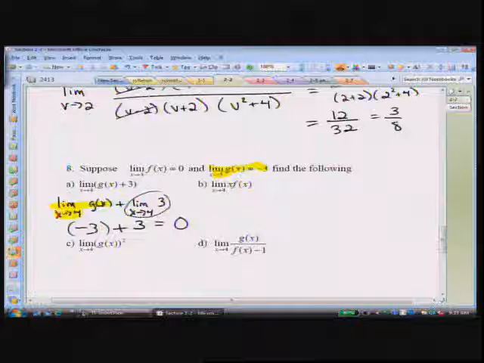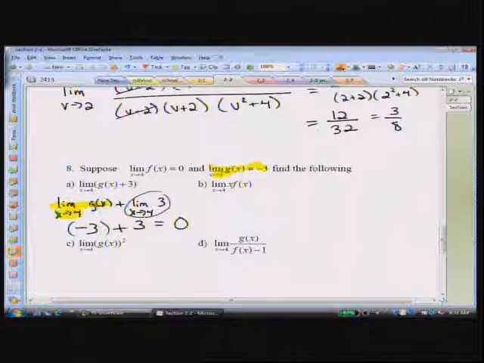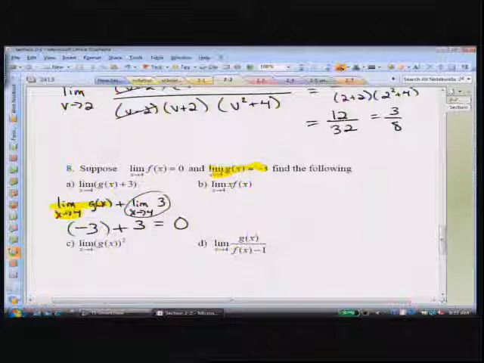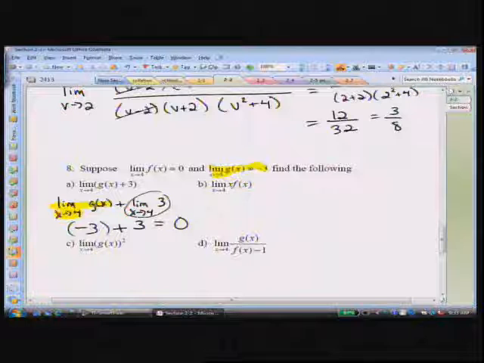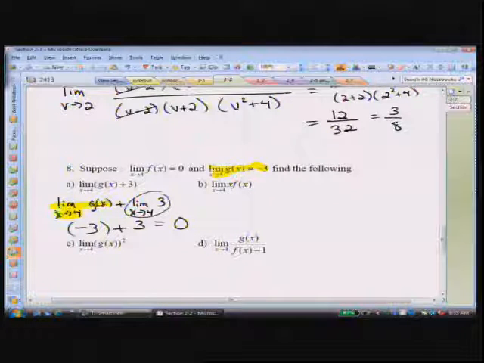If you just graph y equals 3, it's just a constant function. But g of x, you don't know what g of x is. So if this were x approaches 7, we wouldn't have an answer to that problem because we only know what it is as x approaches 4. But this one, x can approach anything. I could change this to x approaches 12, and the answer would still be 3 because it's just a constant function.